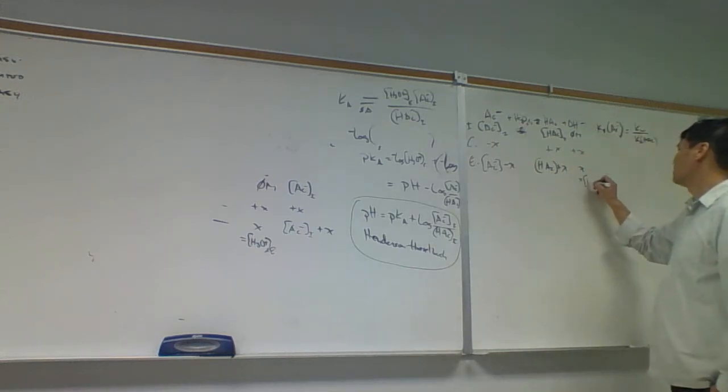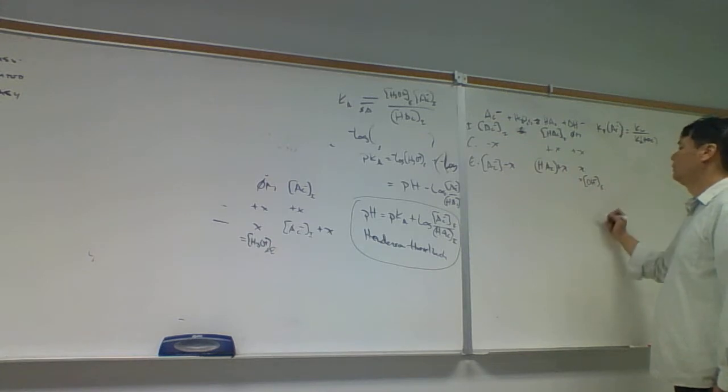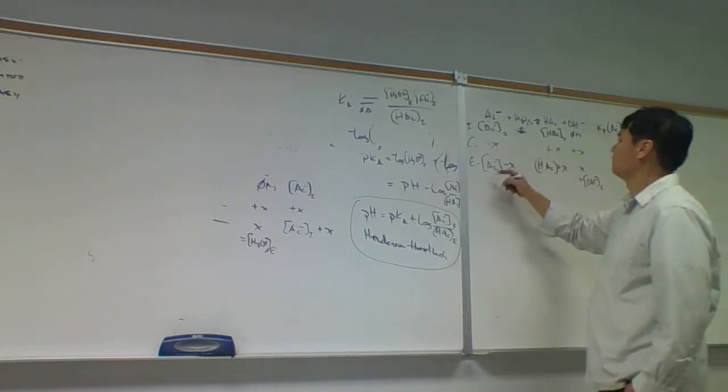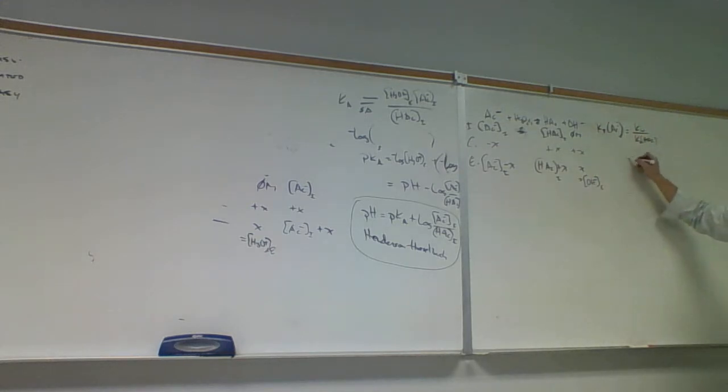X is equal to the hydroxide ion concentration at the end of step 1. This is the initial, this is the initial. All right, Kb is going to equal the HAC concentration at the end of step 1 times the hydroxide concentration at the end of step 1 divided by the AC minus concentration at the end of step 1.